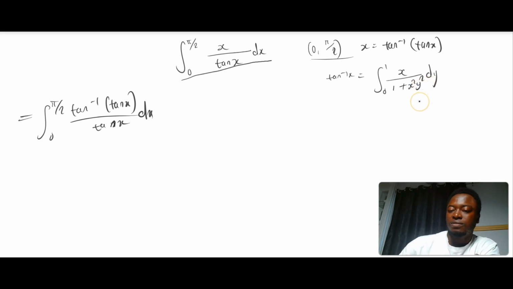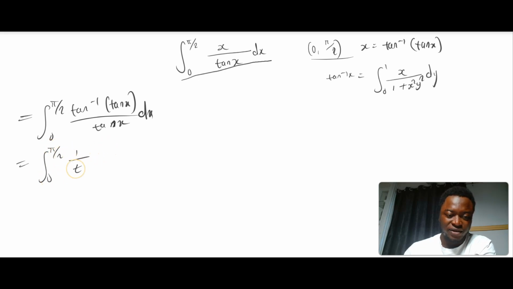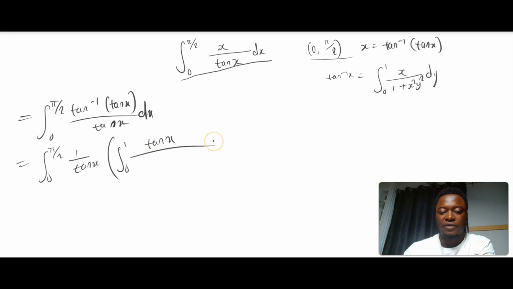Now for that you will have to write this as the integral from 0 to pi over 2 of 1 over tan of x times the integral from 0 to 1 of tan of x divided by 1 plus t squared times tan squared x, then you have dt, and then you have dx.